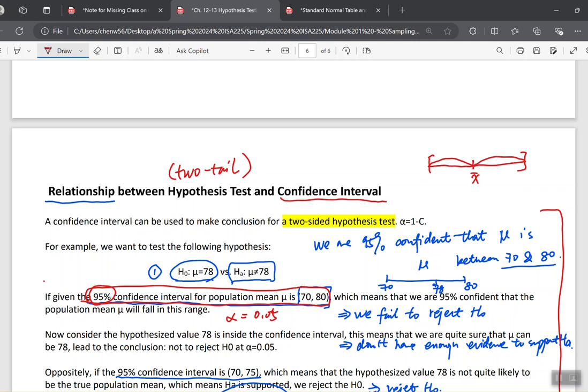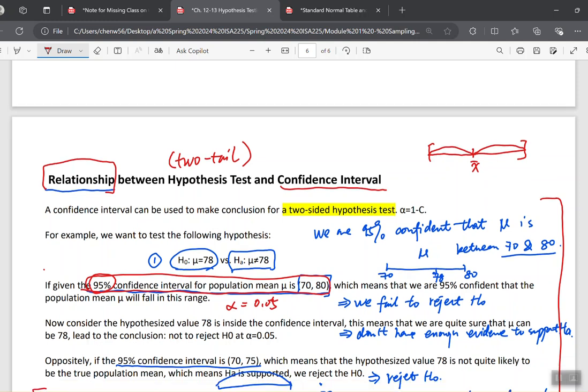But if you want to compare the confidence interval with a one-tailed test, it's just like you compare a two-sided thing with a one-sided thing. It will be unfair, right? So we never connect a one-tailed hypothesis test with a confidence interval. They have no relationship. This relationship only exists between a two-tailed hypothesis test and the confidence interval.